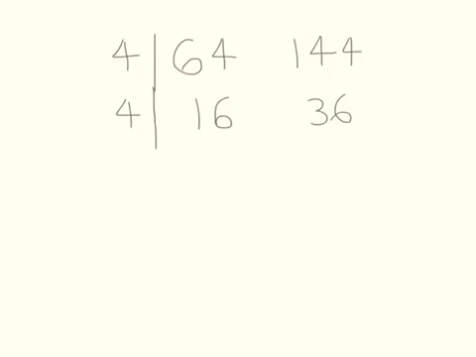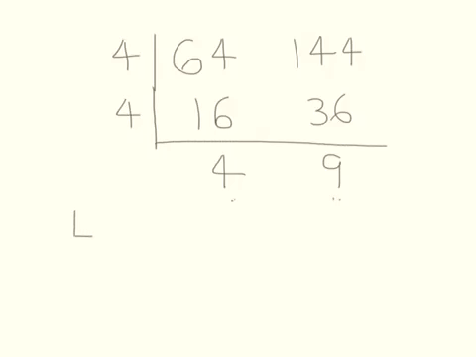How many times does 4 go into 16? 4 times. How many times does 4 go into 36? 9 times. Then I look at these two numbers. Is there anything else that can divide evenly into 4 and 9? No, so I finish my line just above those.